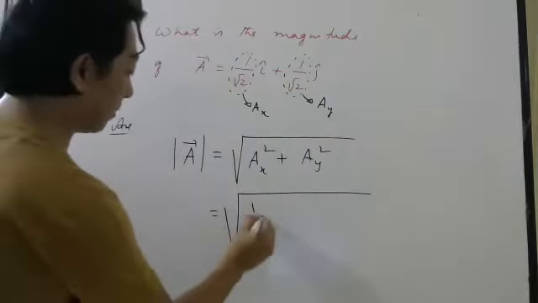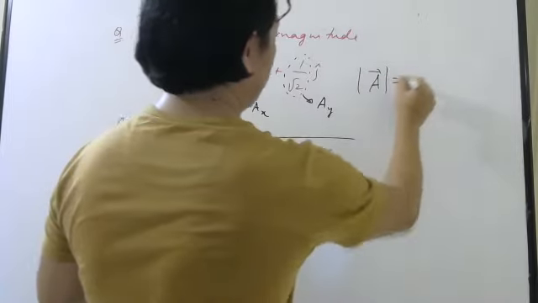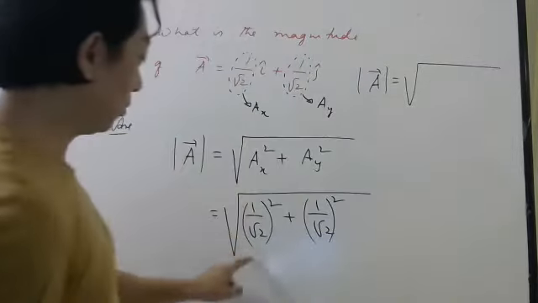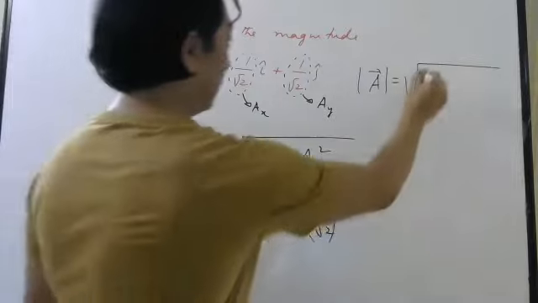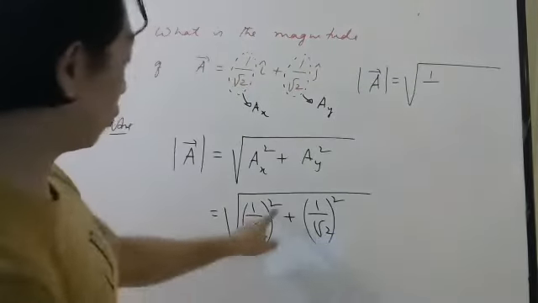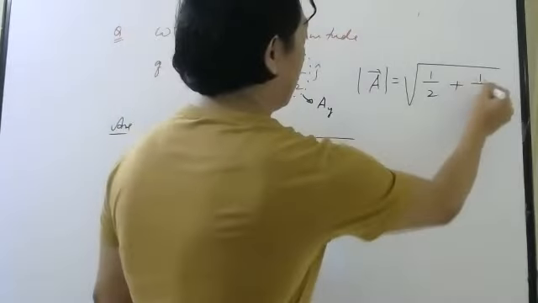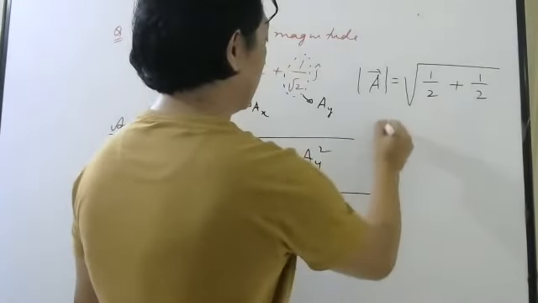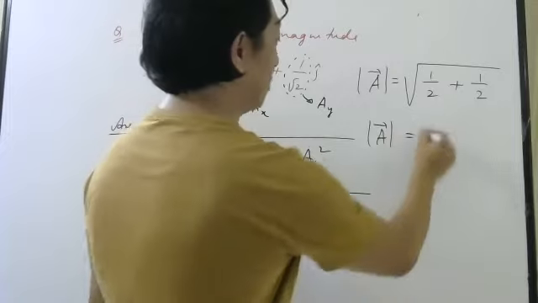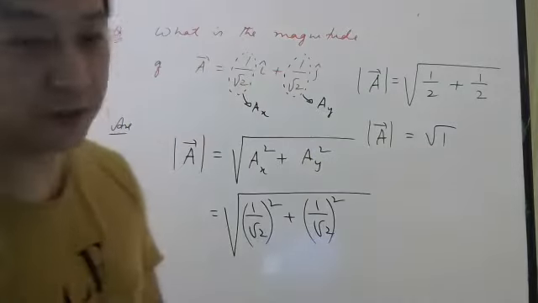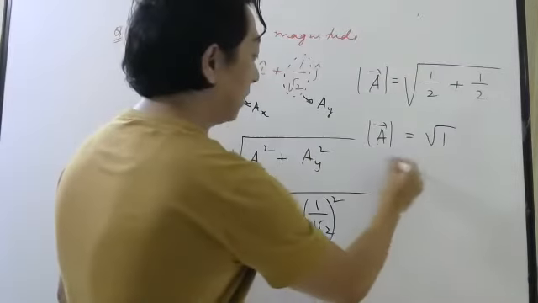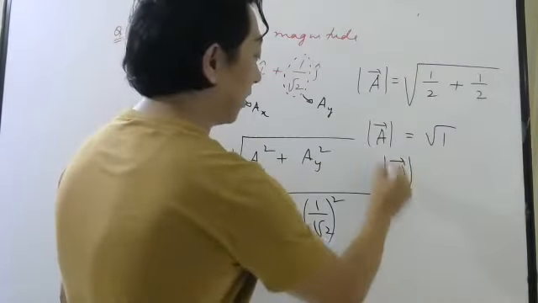Correct? Some simplification you do. 1 by root 2 square: 1 square is 1, root 2 square is 2. Plus, same thing, 1 by 2. So this is equal to root 1. Half plus half is 1. That means the magnitude of this vector is 1.